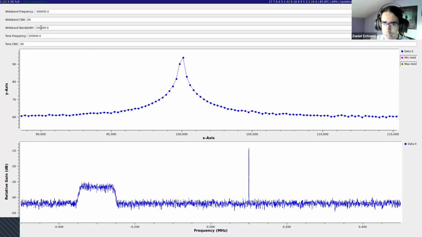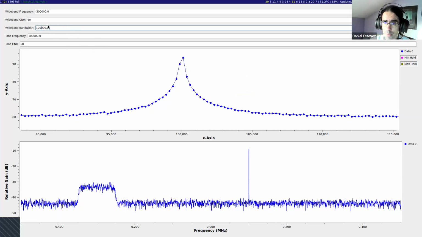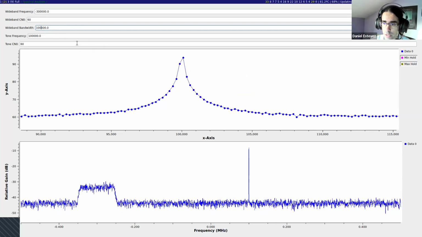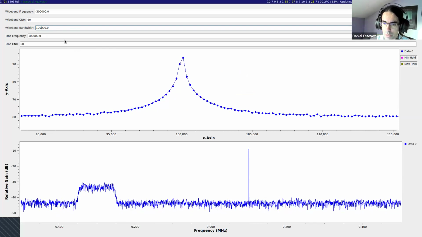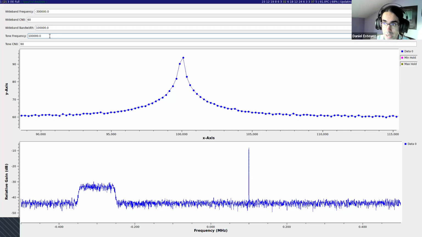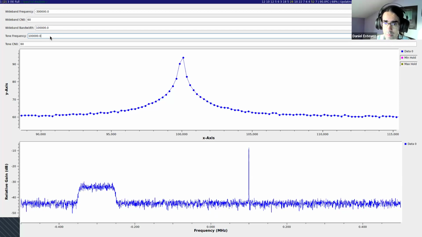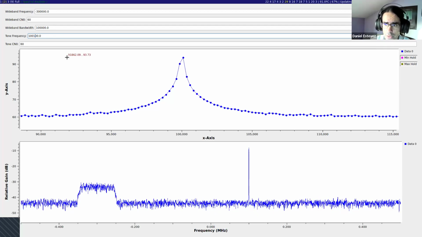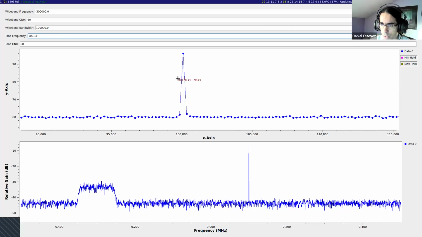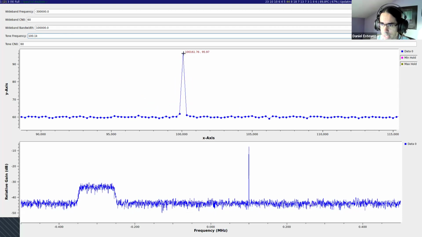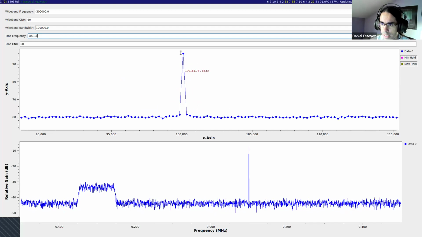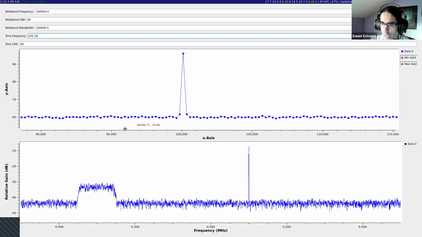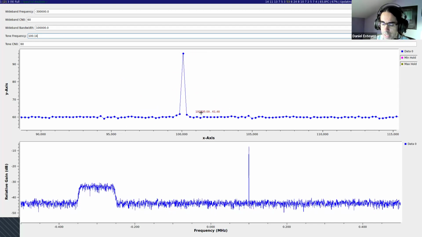However, there's something good about it besides performance. For performance, it's good because any other window means you need to multiply by the window. In this one, since the window is ones, you do not need to multiply by anything. But the other nice thing is that if I manage to get my frequency exactly aligned with the FFT, then you can see that suddenly it has no skirt. It doesn't have any leakage.